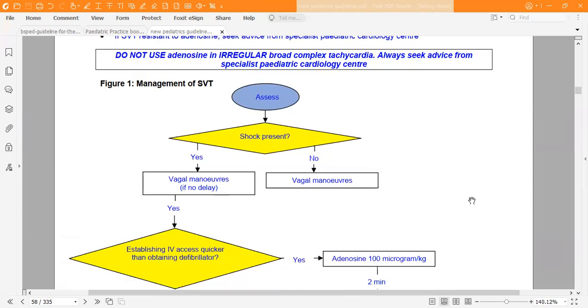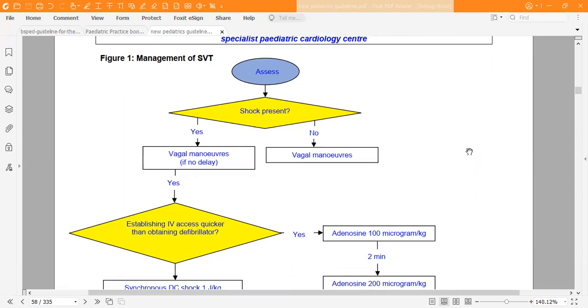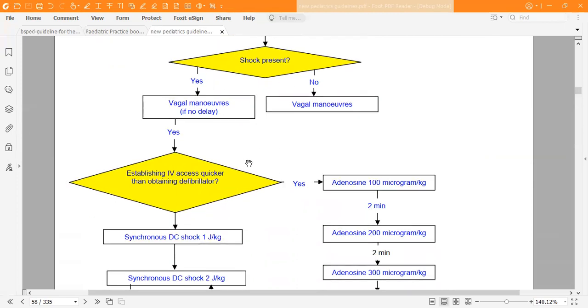Okay, we have in here the diagram or the pathway for the management of SVT. It's like a summarization of what we have read so far, to put pieces together again. First of all, you have to assess if there is shock or not. If he is in shock, you have to do vagal maneuvers, if no delay, yes.